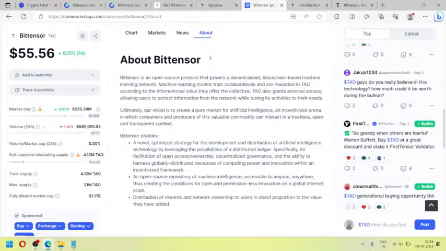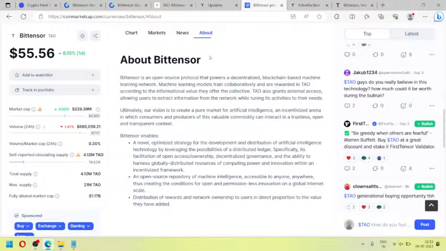TAO also grants external access, allowing users to extract information from the network while tuning its activities to their needs. Ultimately, our vision is to create a pure market for artificial intelligence, an incentivized arena in which consumers and producers of this valuable commodity can interact in a trustless, open, and transparent context.